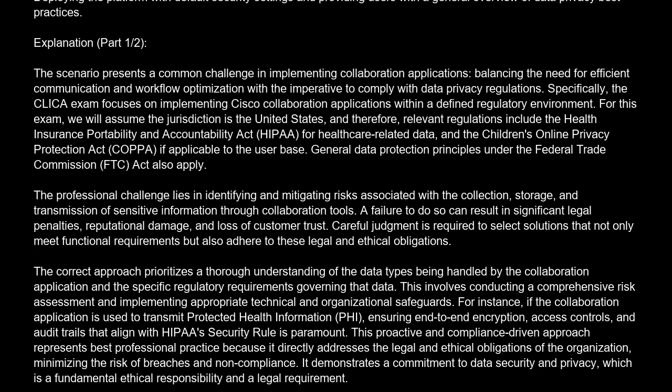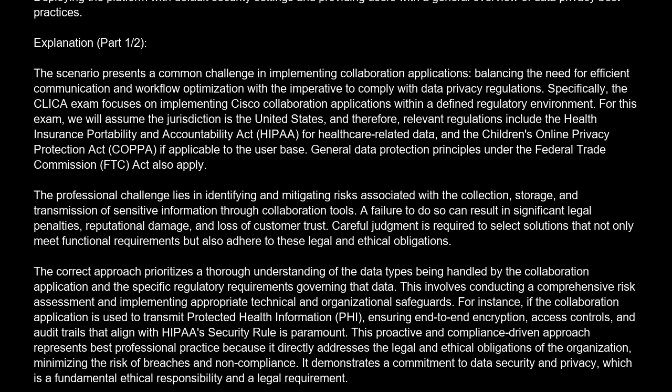General data protection principles under the Federal Trade Commission, FTC, Act also apply. The professional challenge lies in identifying and mitigating risks associated with the collection, storage, and transmission of sensitive information through collaboration tools. A failure to do so can result in significant legal penalties, reputational damage, and loss of customer trust.